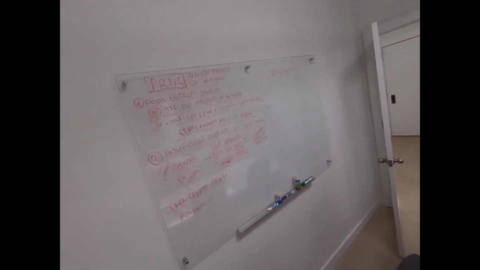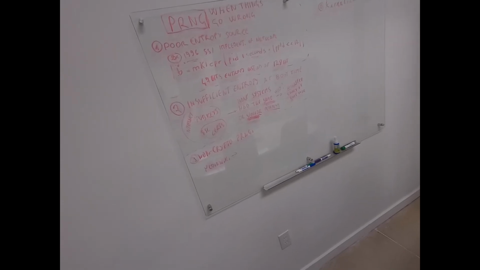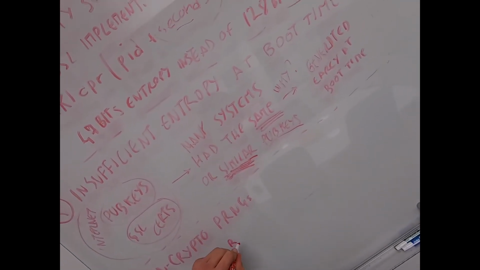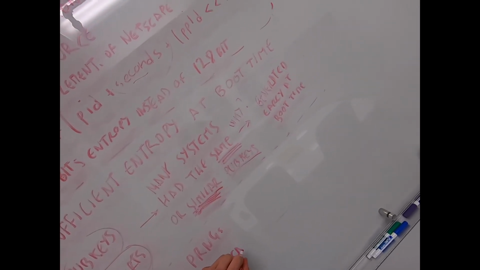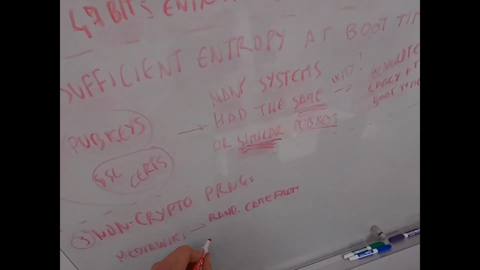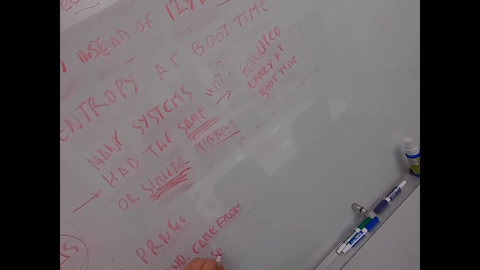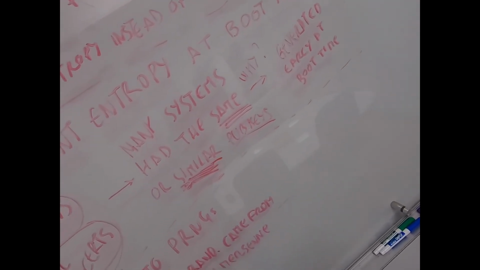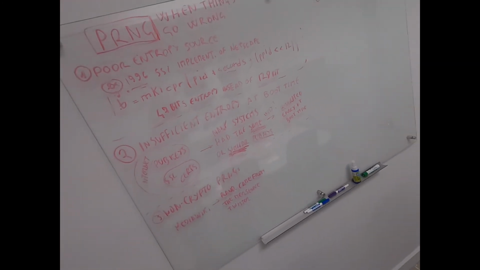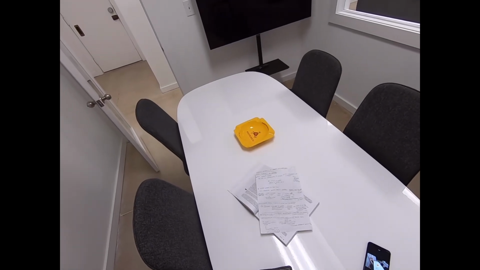What's the problem? The randomness that MediaWiki used came from the Mersenne twister. Okay, so they used MT, the Mersenne twister, to sample those random bits.